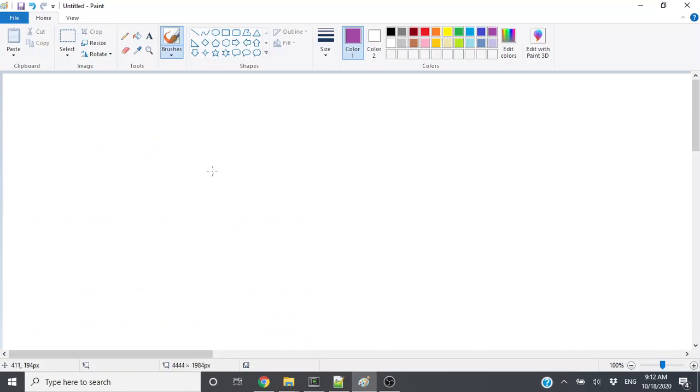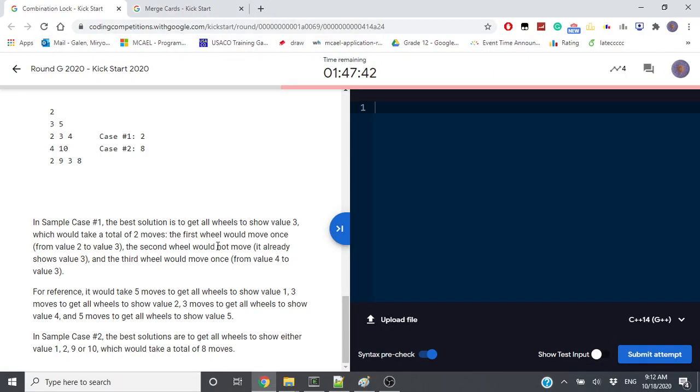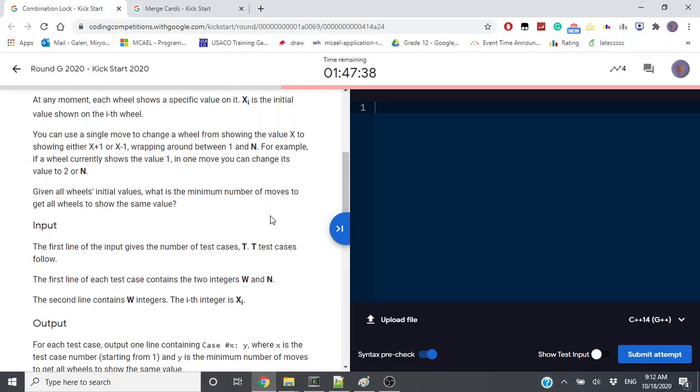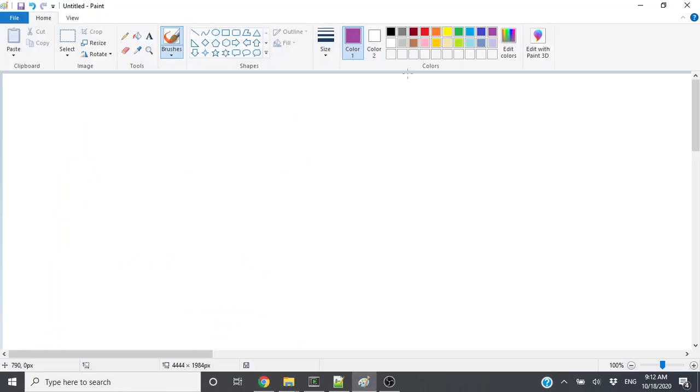So here's my idea. Consider the cost function, define c of xy to be the cost from going from x to y in the combination lock. Now there are three possibilities.